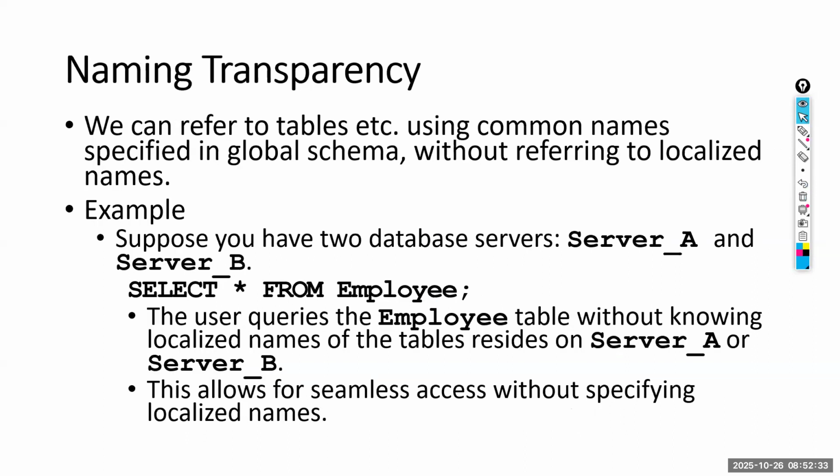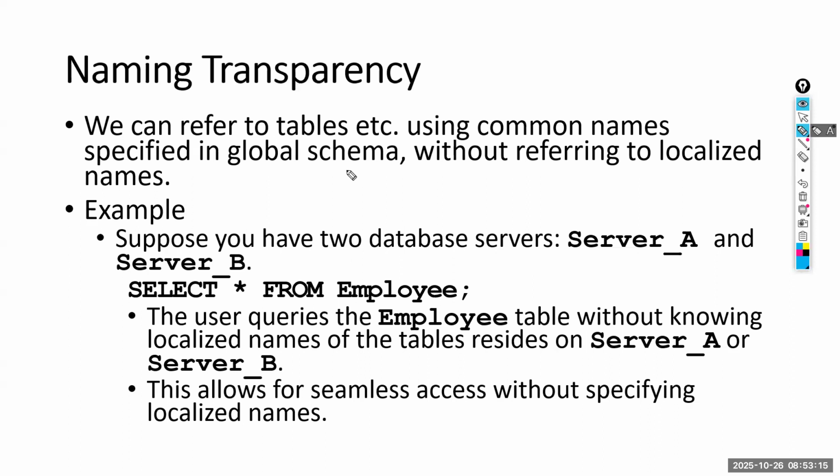So then the naming transparency. Because sometimes different sites may use slightly different names. Okay. One site will refer to it as, say, customer. Another site will refer to it as consumer. But maybe both are the same. So if you don't need to refer to these differences in names, for you it's a global schema, say called one particular name.